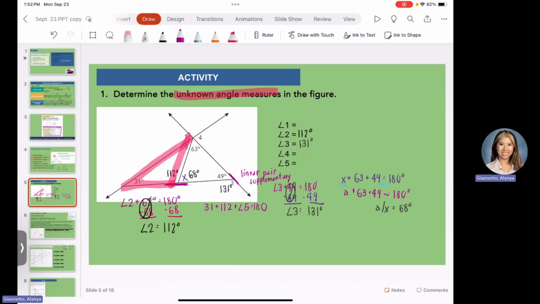Using Desmos, instead of angle 5, we can use B. So we have 31 plus 112 plus B tilde, the squiggly line in Desmos, 180. If we correctly input that, B, or angle 5, should be 37 degrees.